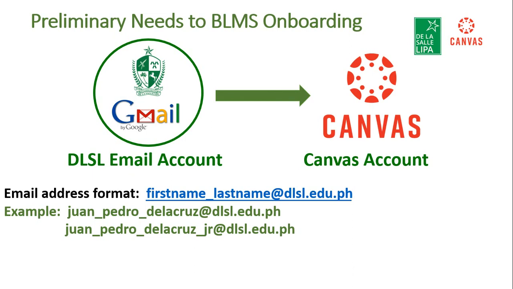Juan underscore Pedro underscore de la Cruz underscore Junior at dlsl.edu.ph. Print screen this so that you'll get familiar in typing your password, or you could go to your email where you receive the communication from the registrar's office.